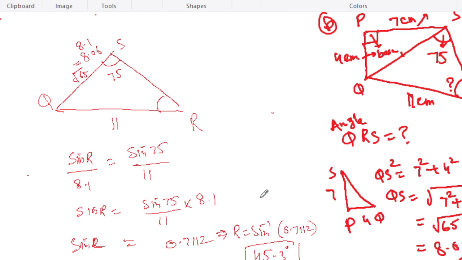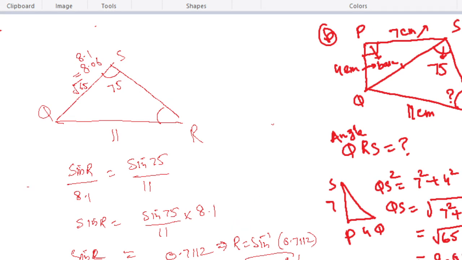So I hope you got how to use the sine rule and how to use the cosine rule, how to find the bearing, and how to apply these sine and cosine rules and when to apply them, and how to use angle properties, like I used here two parallel lines. I used the supplementary angle property. I used that there are 360 degrees in one complete circle.